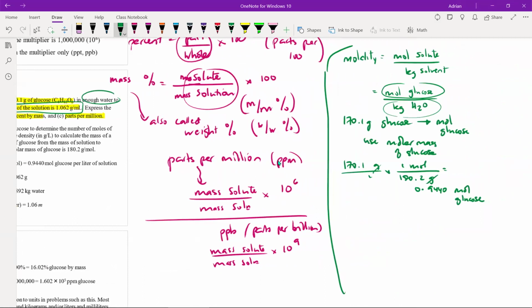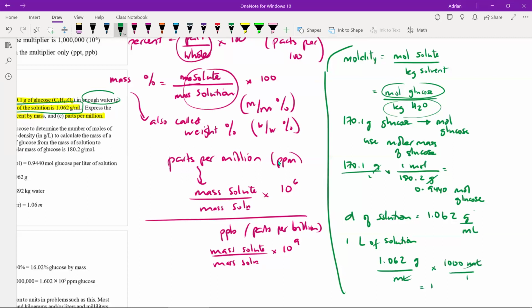We have the density of the solution, 1.062 grams per mL, and we also have 1 liter of solution. So we have volume, we have density, we can find the mass of that solution. So I have my 1.062 grams per mL. I'm going to multiply it by a liter, which is 1,000 mL.